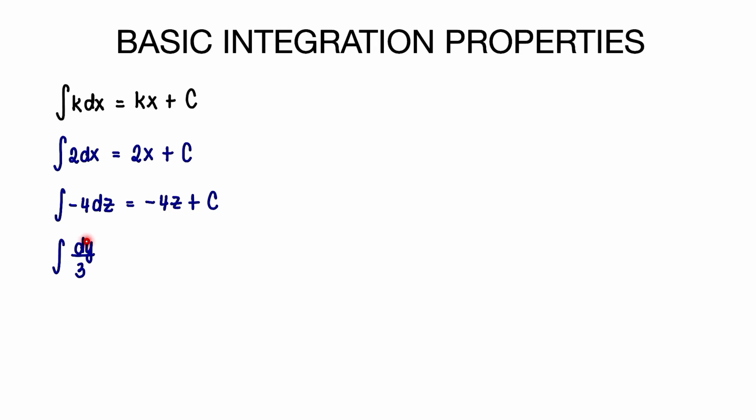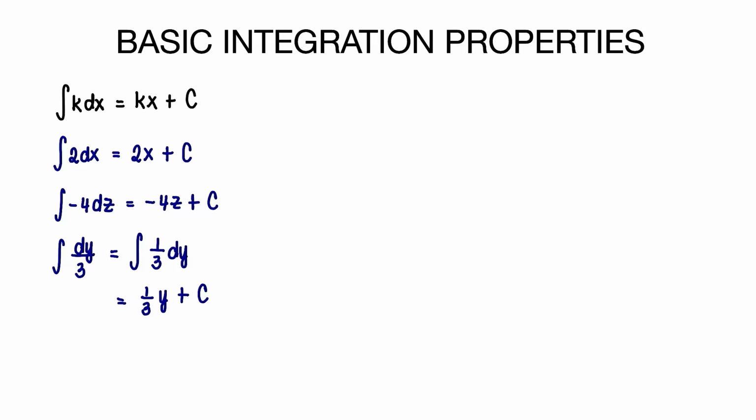This is just like writing the integral of 1/3 dy, right? So our constant here is 1/3. We simply copy the constant 1/3, attach the variable of integration y, and then add the arbitrary constant c.